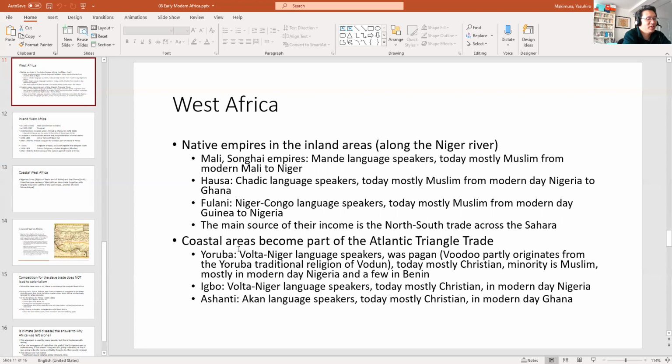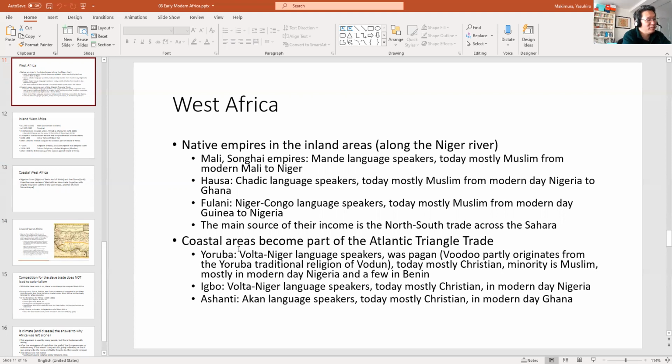Among these people on the coast, the Yoruba are probably the most famous because, if I'm not mistaken, it is from the Yoruba religion that you get Vodun, which then becomes voodoo, right?